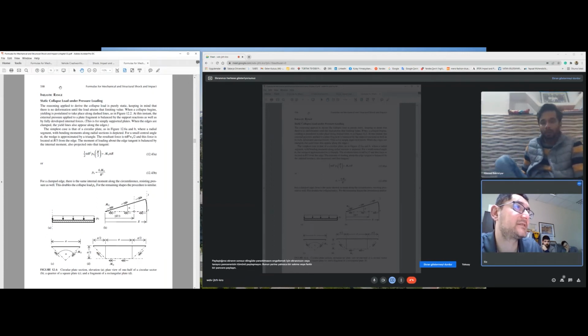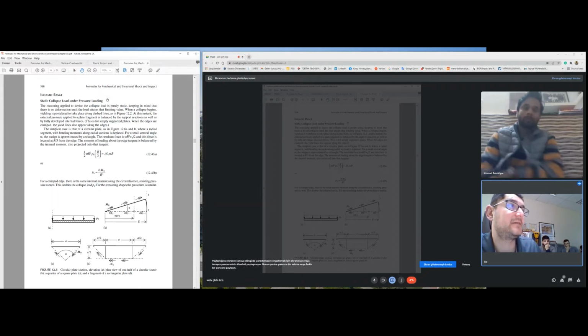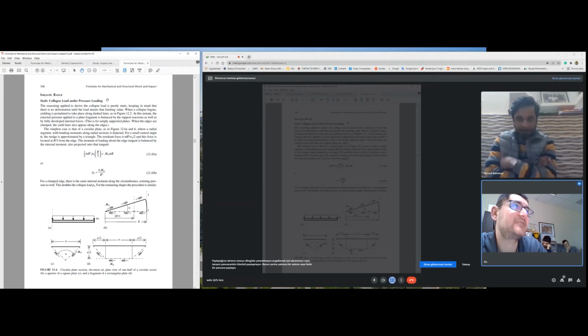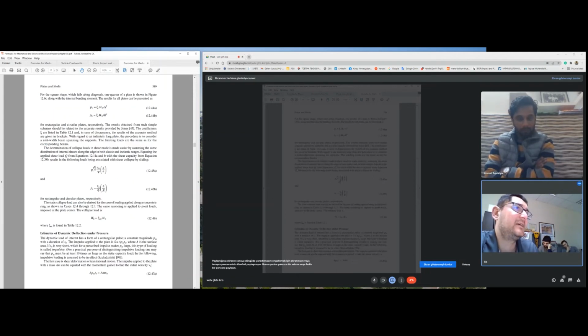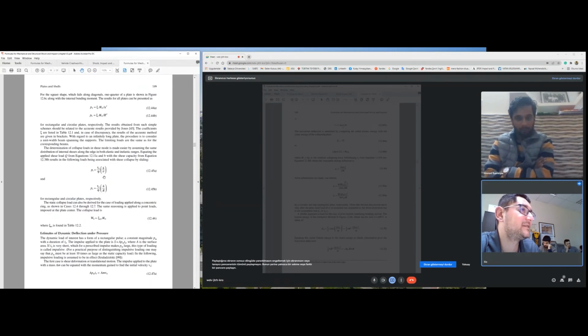Inelastic range, the inelastic range started. Static collapse, not our study, but it can give some idea. For example, during the inelastic range of a static collapse, we can use these formulas, but up to our study, it is a dynamic deflection under pressure. Okay? This is what we are focusing on again. Page 519.